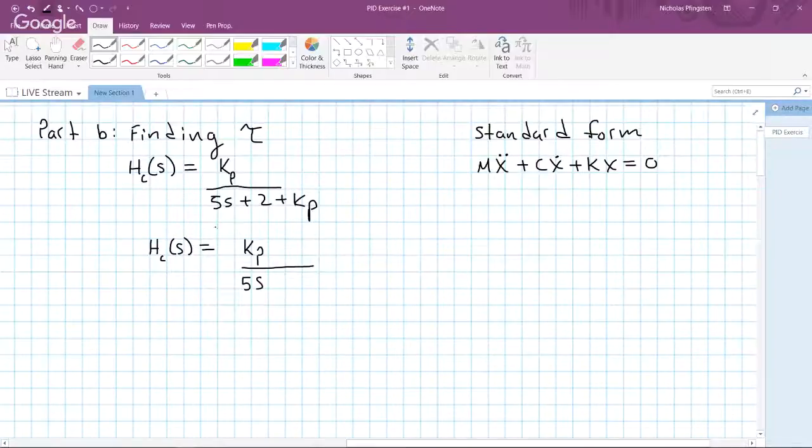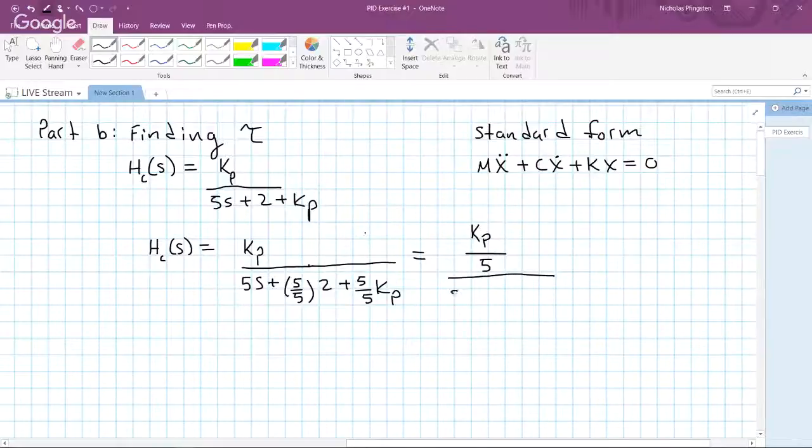And you can do that. It's kosher. You can multiply anything at any time by 1. So 5 over 5, 2 plus 5 over 5 Kp. Now I'm going to pull a 5 out and shove it in the numerator. You can do that. I know, it's uncomfortable.